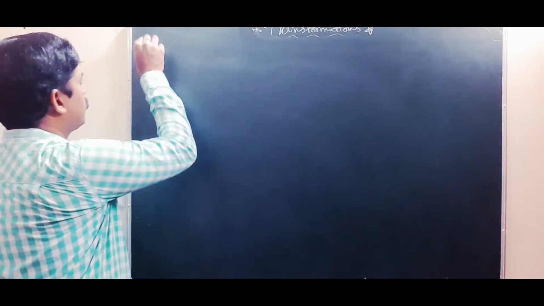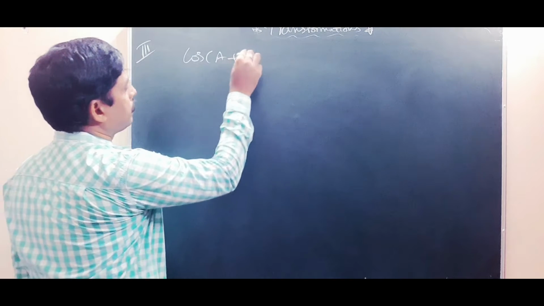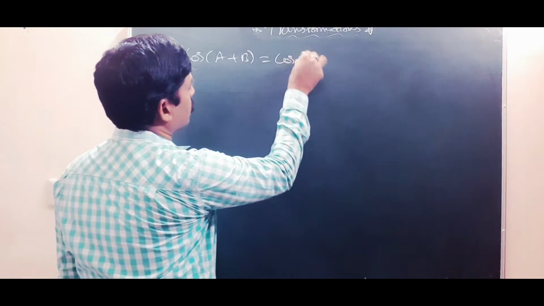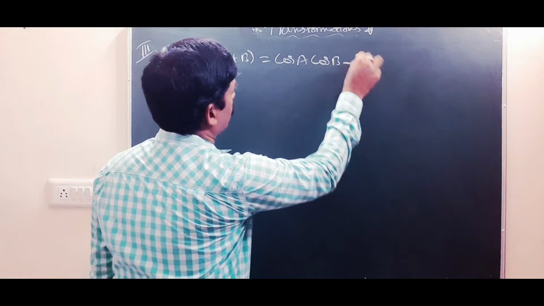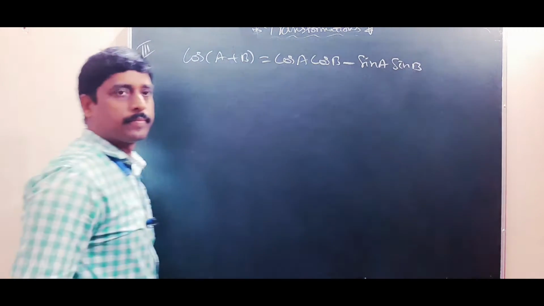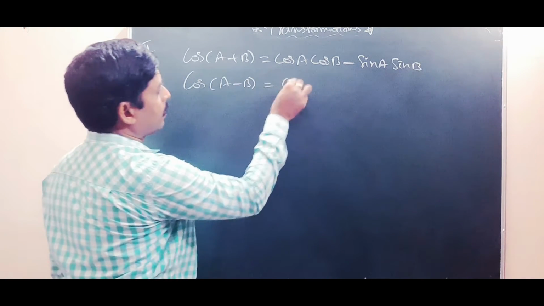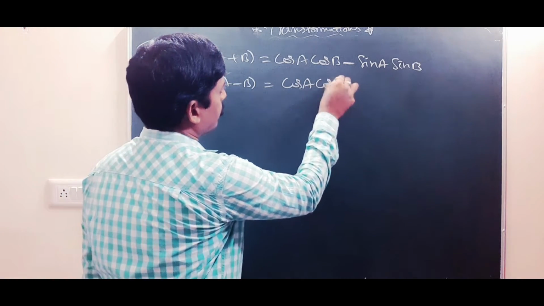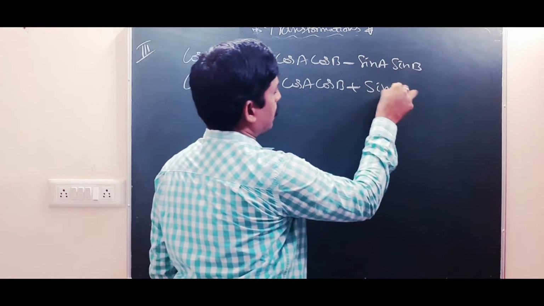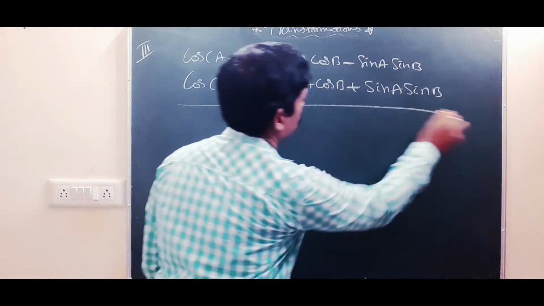Okay, now the third formula. We have the cos(A+B) formula: cos A cos B - sin A sin B. Cos(A-B): we have cos A cos B + sin A sin B. Okay.